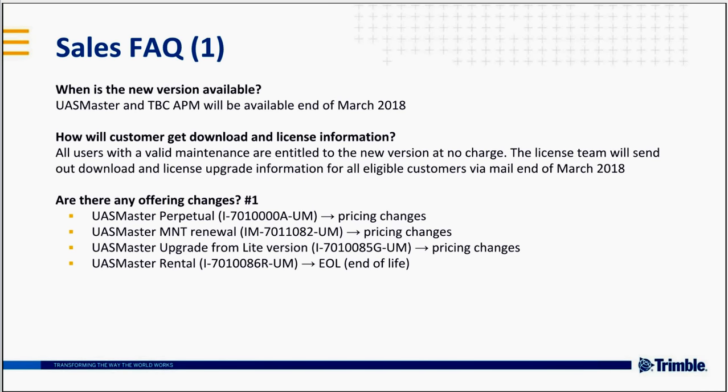The biggest changes in offering the US Master software in general are for research or light and educational offerings or customers. Let's start with the research versions. All customers under maintenance who purchased or have a research license of US Master will get the full version or be handled as a customer with a full version with US Master 9.0, and we stop offering the research license with US Master 9.0.